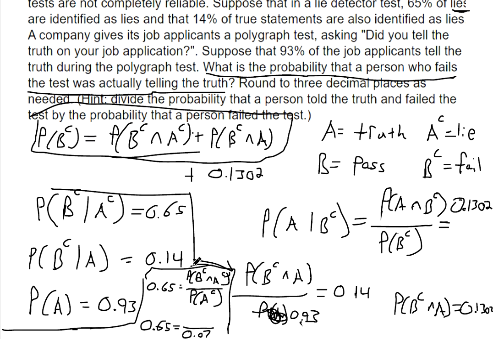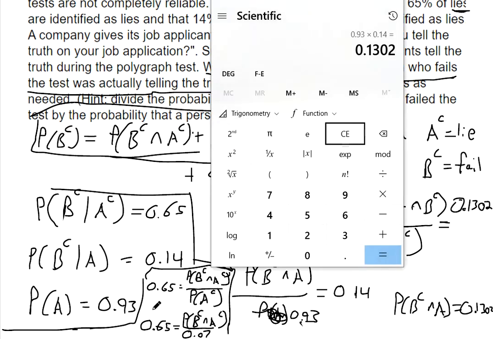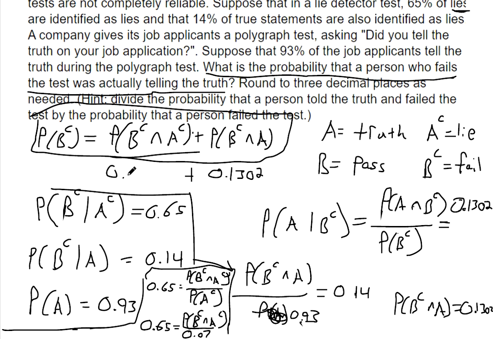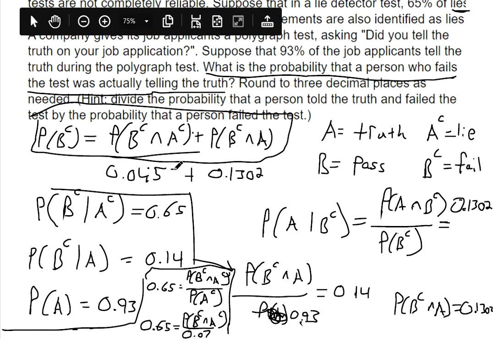And the probability of B complement and A complement, that's something we can solve for. So if you solve that equation, that means you need to multiply 0.07 to both sides. So we found that the probability of B complement and A complement is 0.0455.